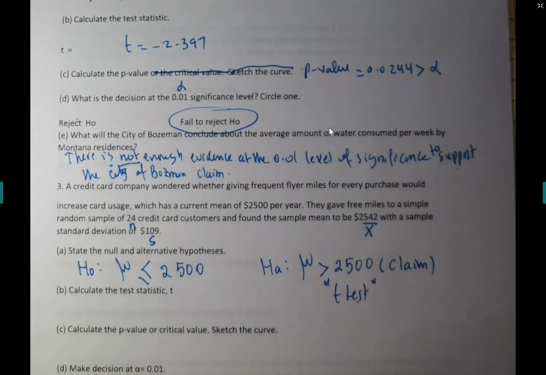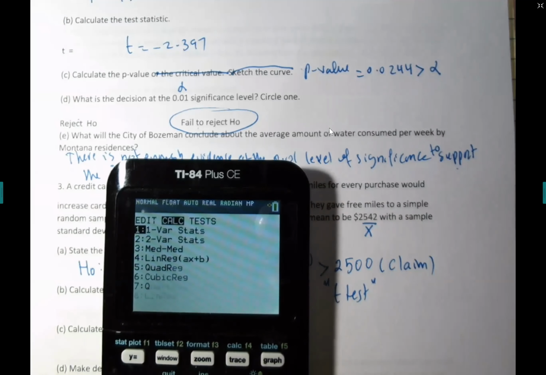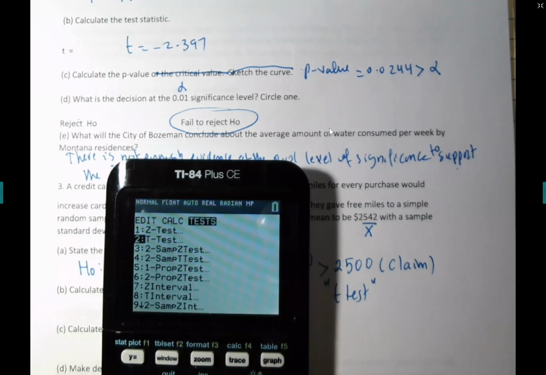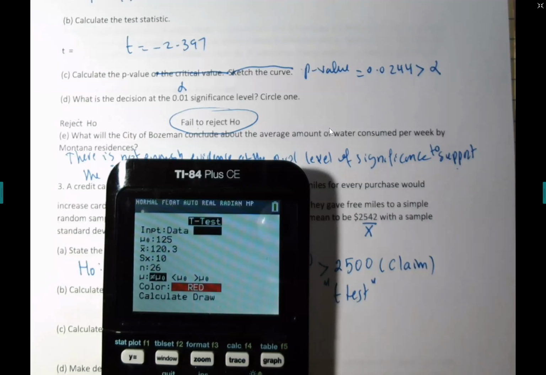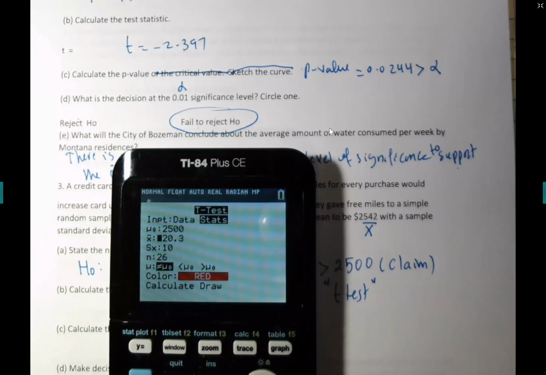All right, so let's run the t-test. Remember, we did that yesterday. We did this section, but we're doing more exercises. So 2,500. X bar is 2542. Do you mind letting me see H0 and HA?